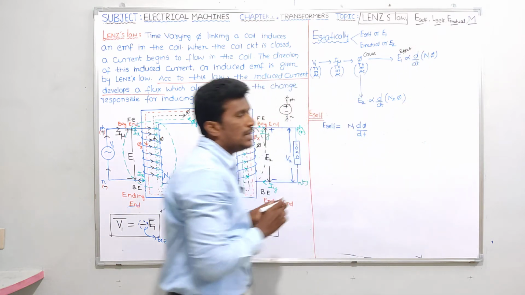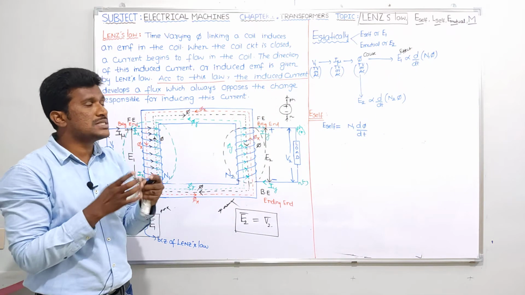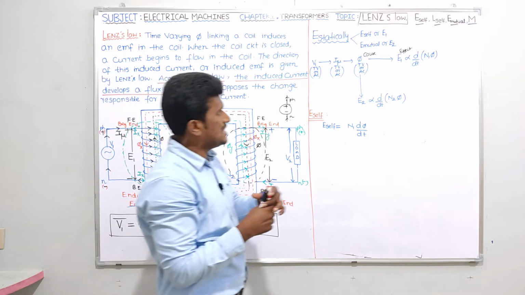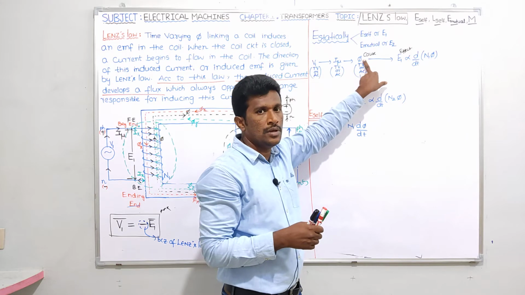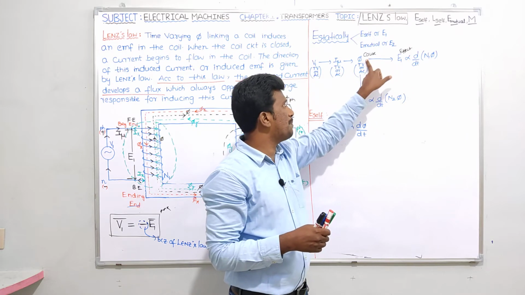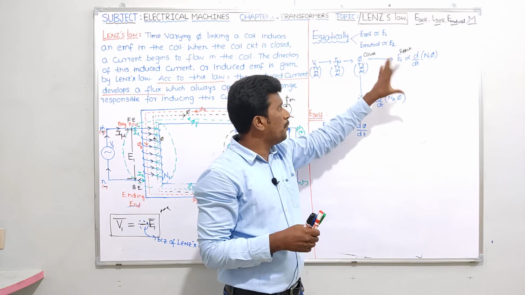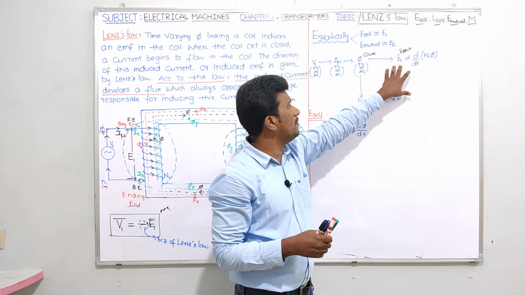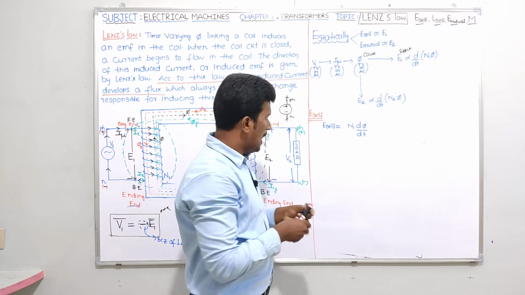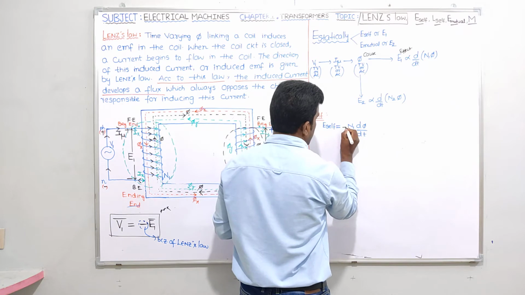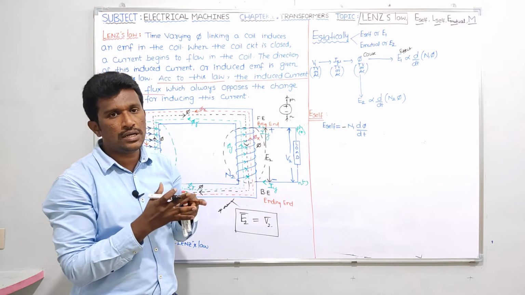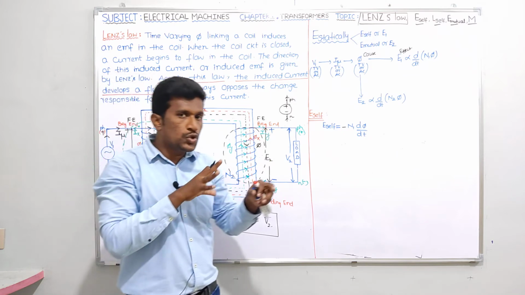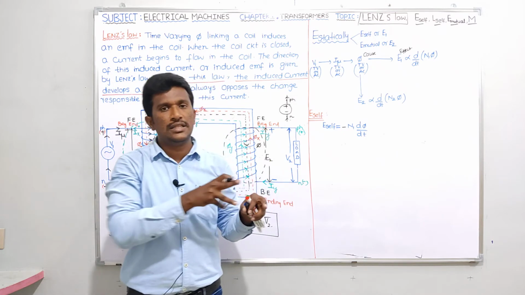So simply Lenz law says effect opposes cause. Who is responsible for this EMF E1? Phi. So E1 should oppose this phi. Yes or no? For indicating that E1 is opposing phi, I am writing the minus symbol. This minus symbol is because of Lenz law, to show that opposition.